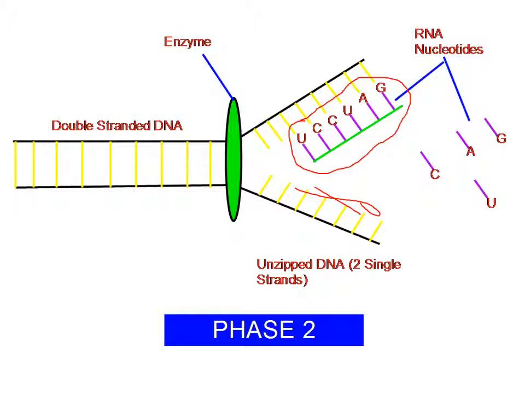If there's a G on the RNA, what must be on the DNA then? It has to be a C. If there's an A on RNA, what goes with A on the DNA? A T. So this would go on for the entire strand until we've got everything copied, or not copied, rewritten as we would want it to be rewritten.